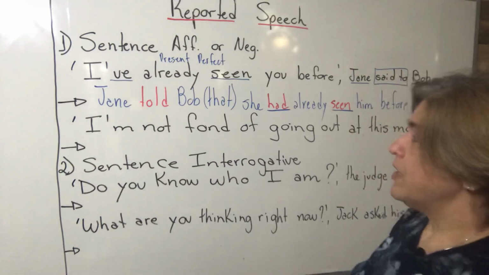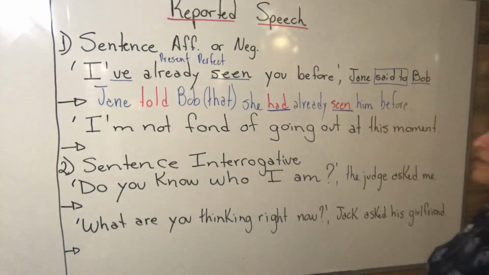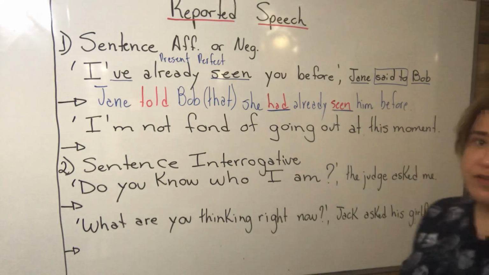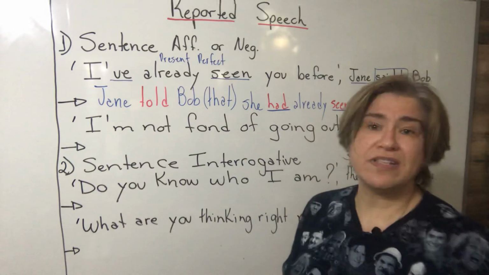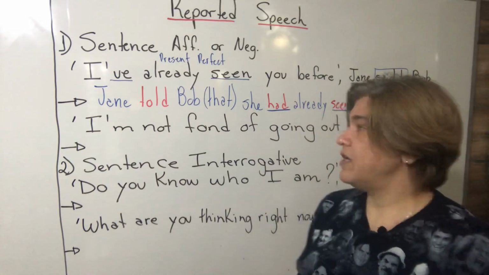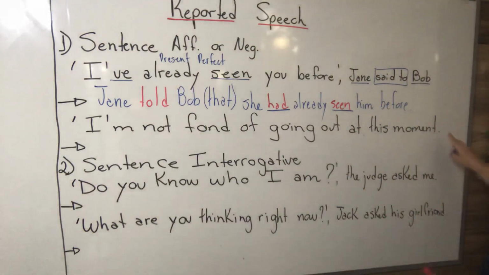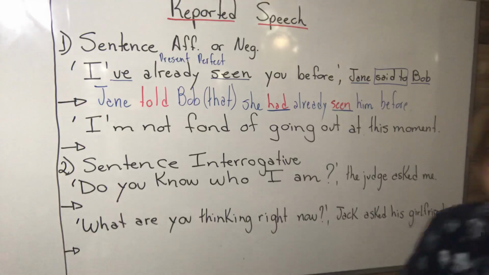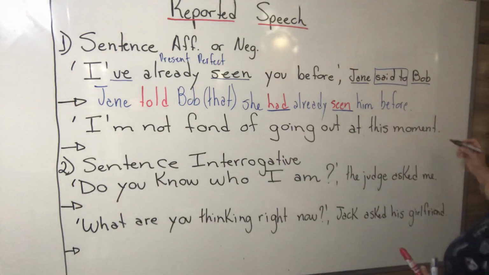Okay? I have another sentence here. This one is negative: "I'm not fond of going out at this moment." For those of you who do not remember, to be fond of is the same as to enjoy, okay? And here, the teacher is going to put the person.